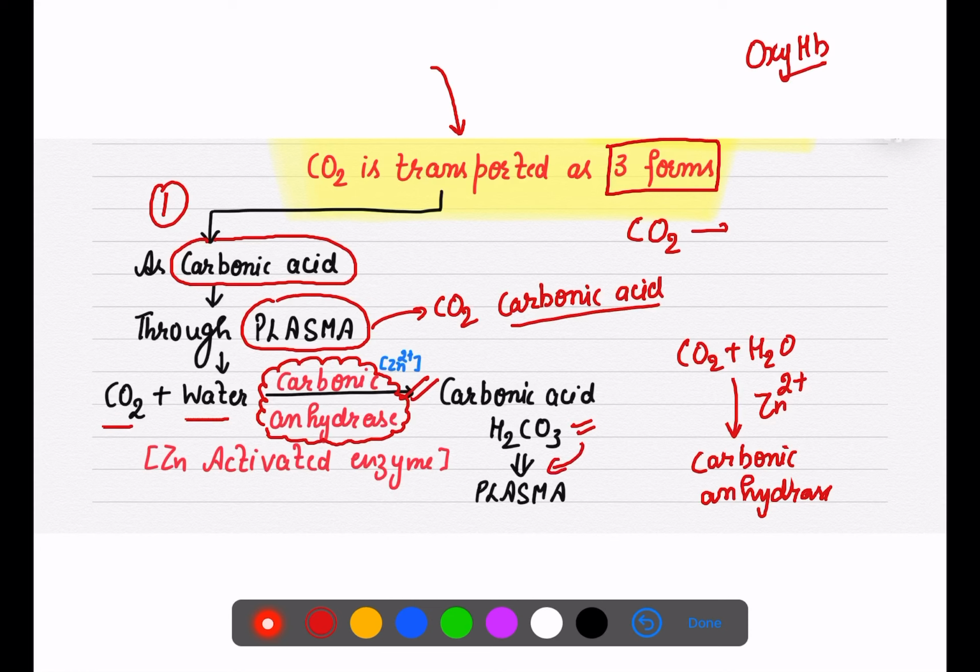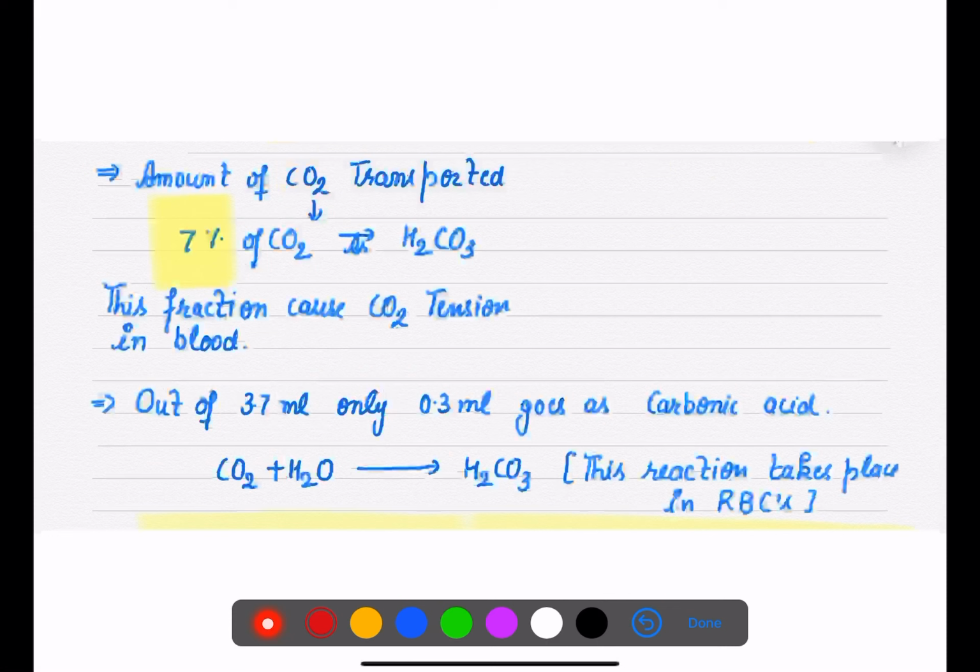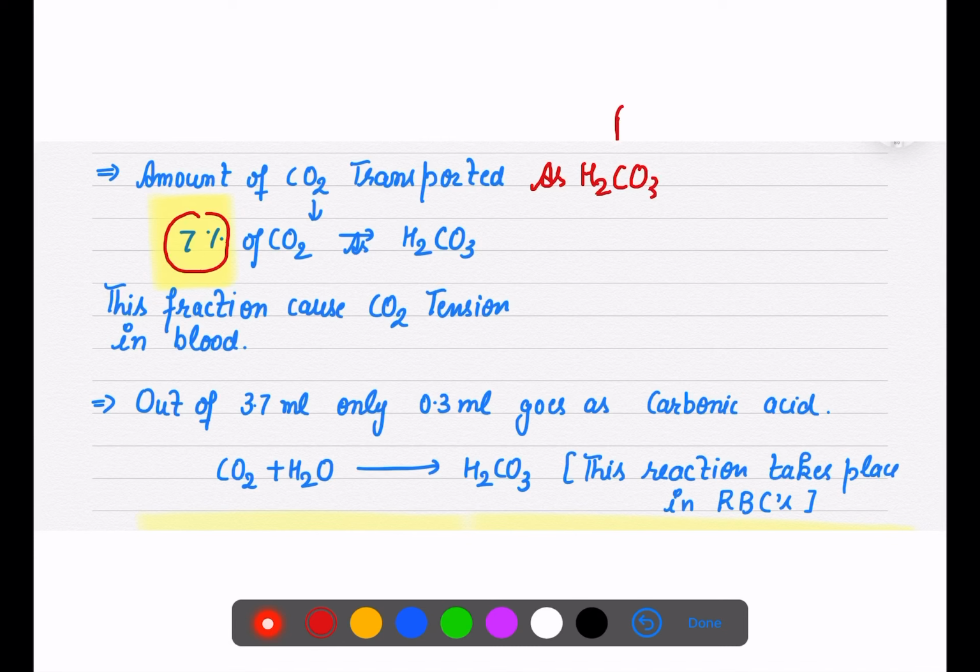Then it enters into plasma, which helps in the transportation of CO2 in the form of carbonic acid. The amount of CO2 transported as carbonic acid is only 7%.